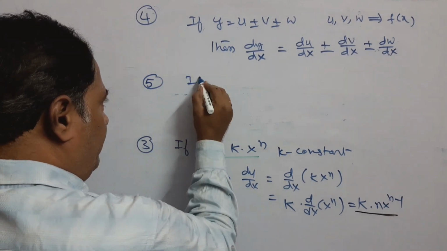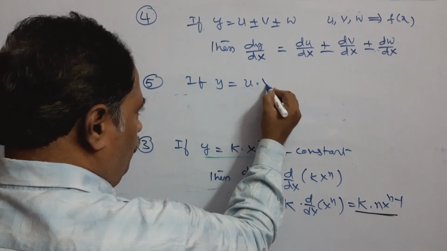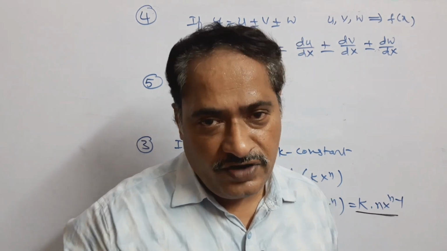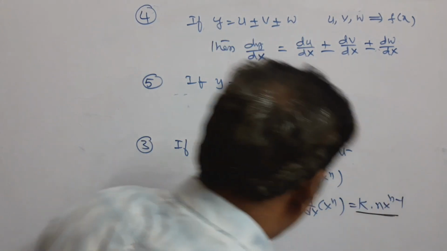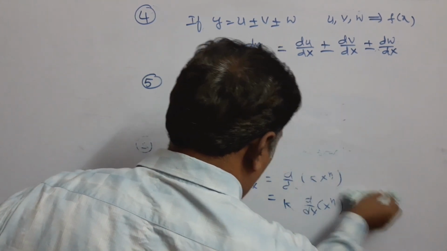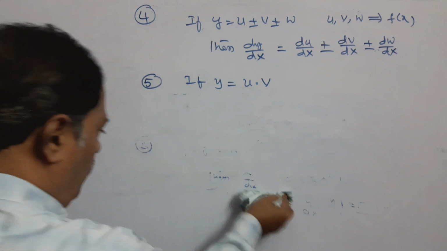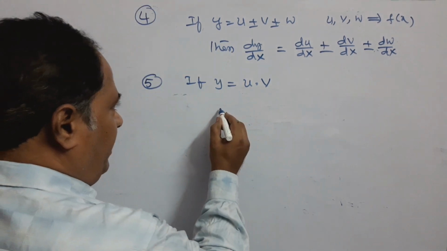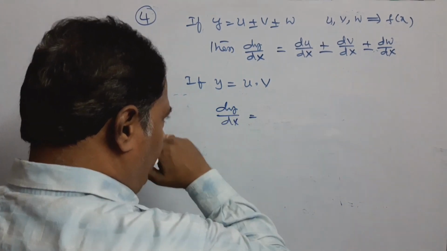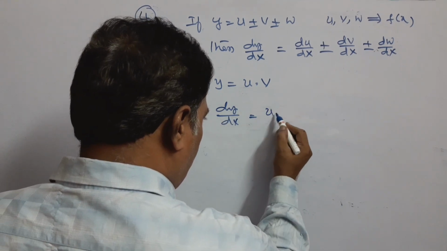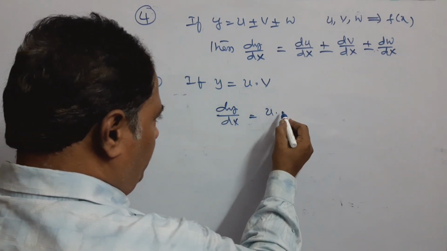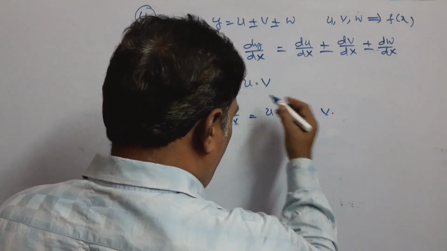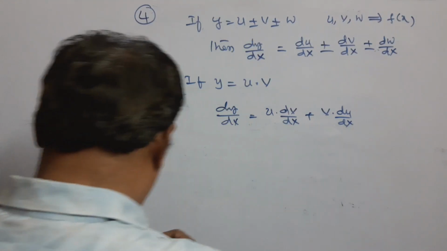Whereas if you consider y equals u into v, a product, where u is a function of x and v is also a function of x, then I can write the differentiation dy by dx equals first u, and differentiate v with respect to x, dv by dx, plus next take v, and du by dx.